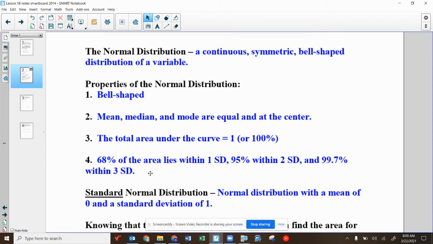So the moral of this story is as you get further and further away, it's less likely to happen. So almost all of your numbers will be within three standard deviations. So it's unusual to have something that's 5 standard deviations or 9 standard deviations away from the mean, just because almost everything needs to be in this area right here.